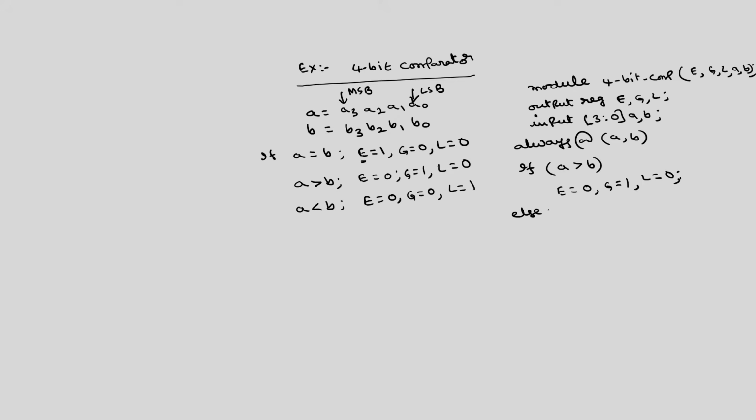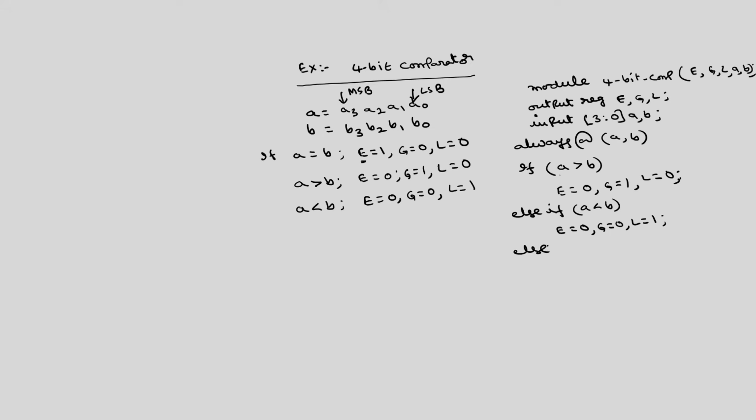Else if A is less than B, this A less than or A greater than will take the 4 bits as a whole, instead of taking individual bits. So, E is equal to 0, G is equal to 0, L is equal to 1.